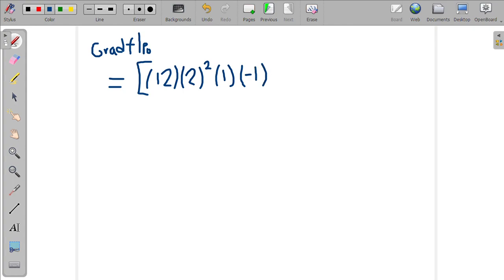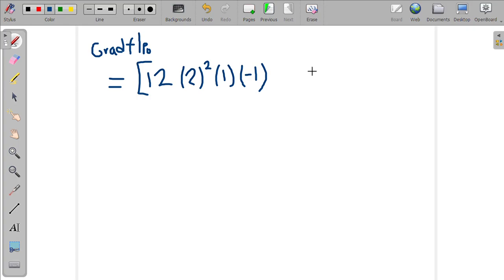But I think for the 12 there's no need to write any bracket, because 12 was just a number there. We have not substituted it with anything. So we should write our 12 like this, so that we can avoid confusion.